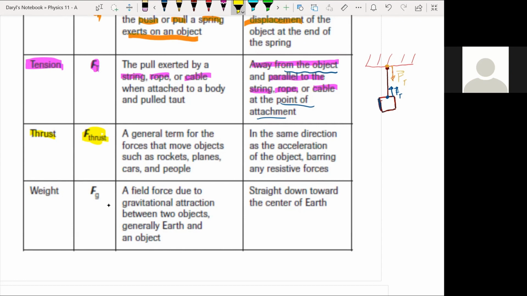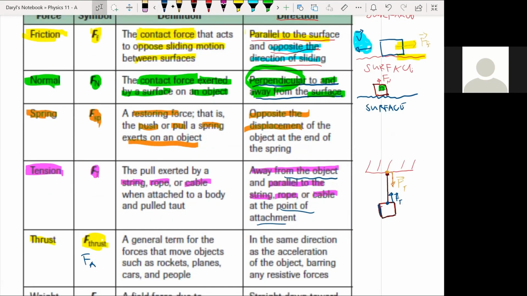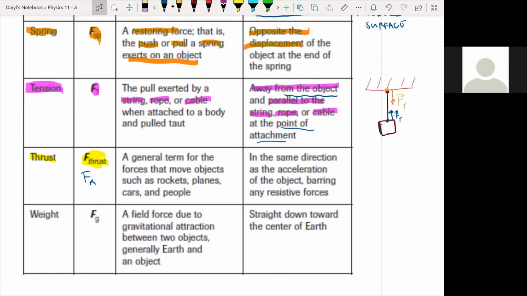If it is not very specific, if it's not friction, not normal force, not tension force, we just use Fa, the applied force, in the same direction as the acceleration of the object, barring any resistive forces.